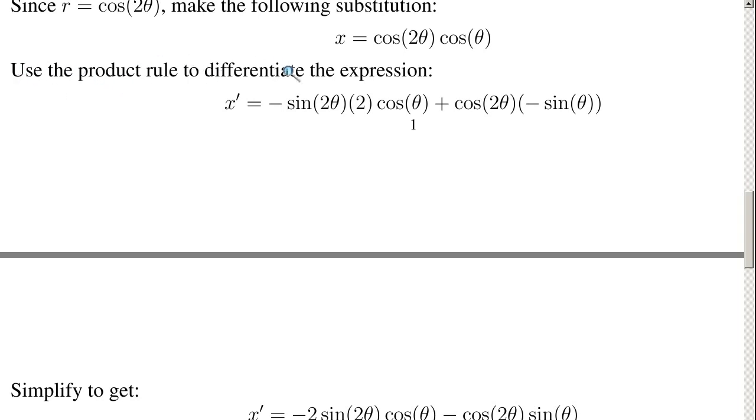Use the product rule to differentiate the expression. The exact same thing we did last time. The derivative of cos 2 theta is negative sine 2 theta times 2, times cos theta, plus cos 2 theta times the derivative of cos, which is negative sine theta.